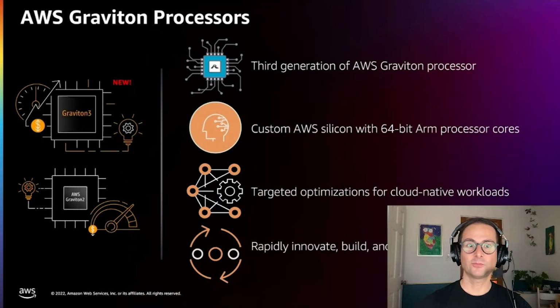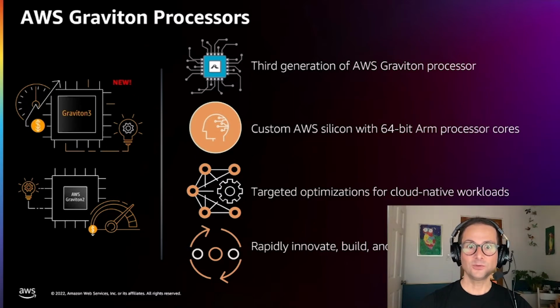So you might have heard me talking last year about Graviton processor. Last year, we were still using the second generation of Graviton processor. At re:Invent last year, we announced the Graviton3 processor, and later this year, we released them as generally available.